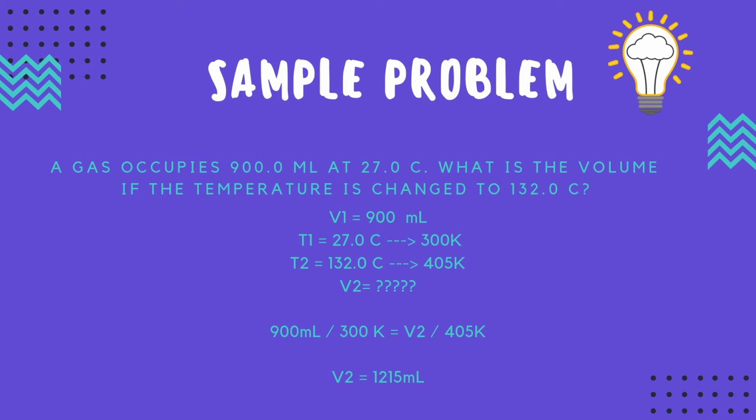Now that we have converted our temperature to Kelvin, we then switch the variables in the equation. V1 times T2 equals V2 times T1. 900.0 milliliters times 405 Kelvin equals V2 times 300 Kelvin, and then now we get the V2, which is 1215 milliliters after completing the equation.